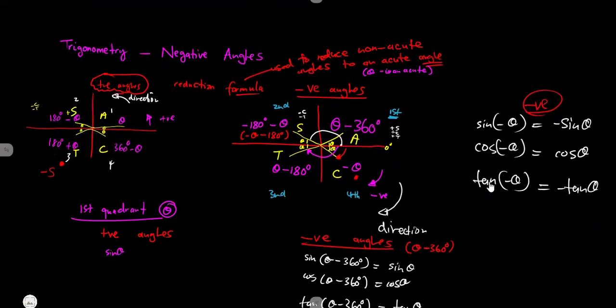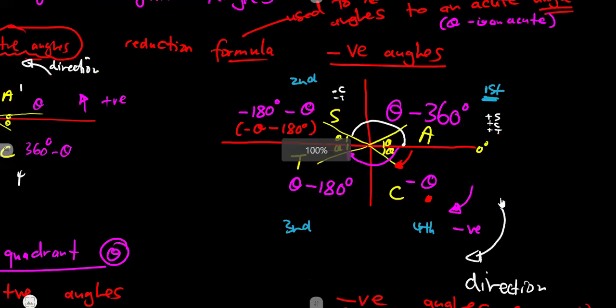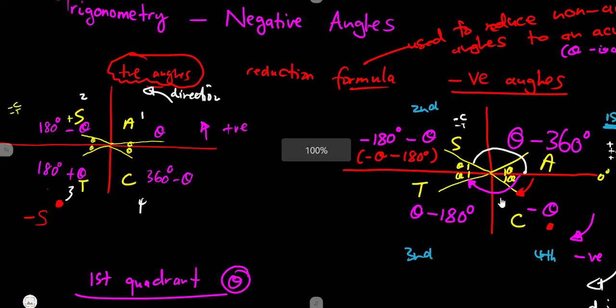If you understand that the presentation is the same, what is happening in the first quadrant is the same for positive angles and for negative angles. What is happening in the second is the same, the third and the fourth. So knowing one, you are done with everything. So this is it, guys. Till we meet again.